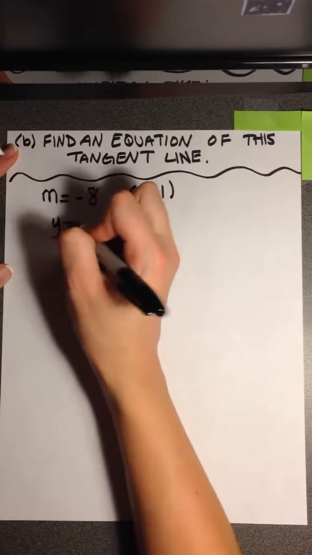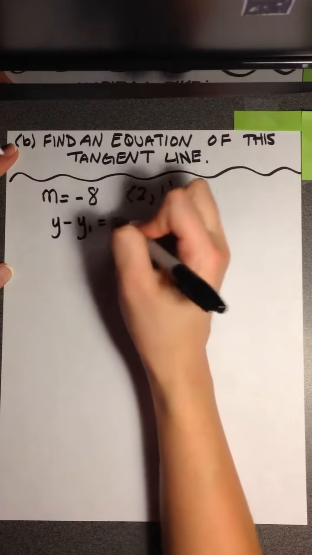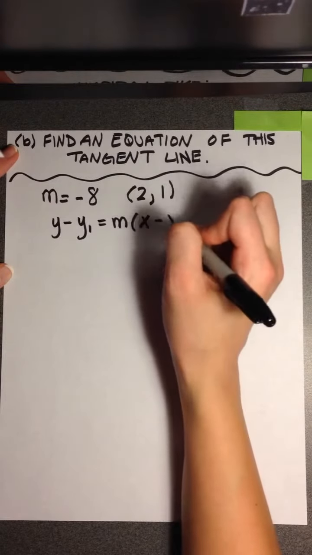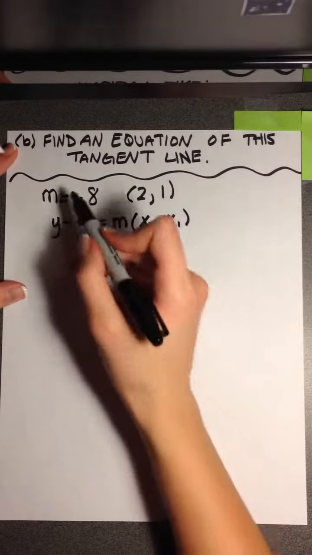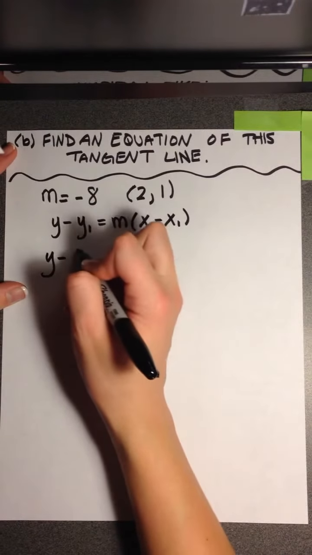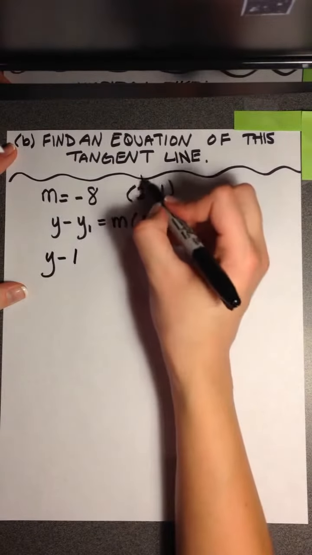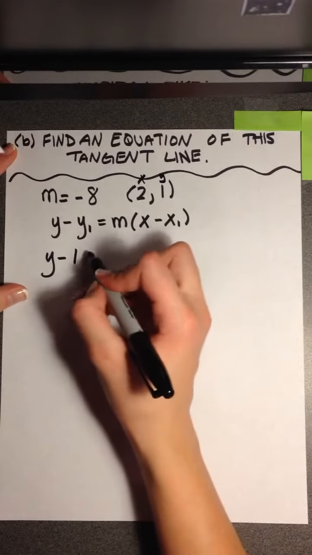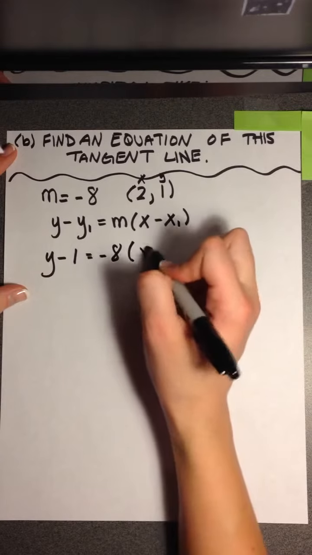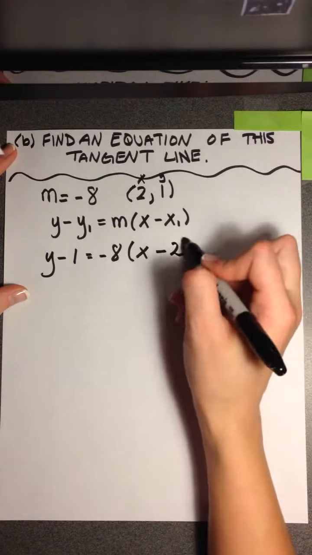We use y minus y1 equals slope, or m, times x minus x1. Now we can plug everything in here. That'll give us y minus 1, because this is x and this is y, so y minus 1 equals slope, which is negative 8, times x minus our x, which is 2.